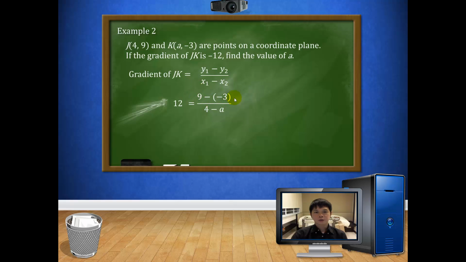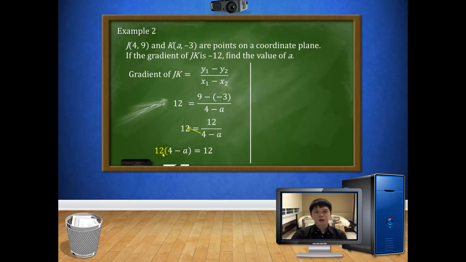Simplifying the numerator, we have negative 12 equals to 12 over 4 minus A. Since both sides are single fractions, we shall now cross multiply. On the left hand side, we will have negative 12 multiplied by 4 minus A, and on the right hand side, we will have 12. Do remember to put the brackets on the left hand side.